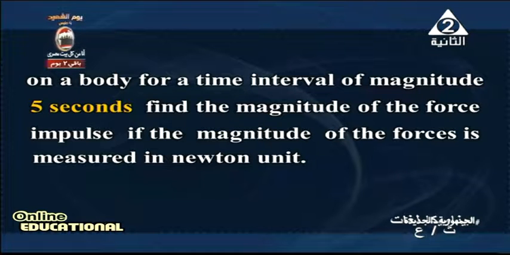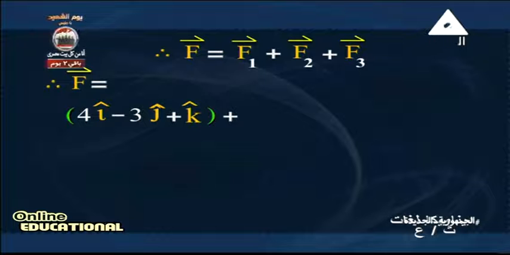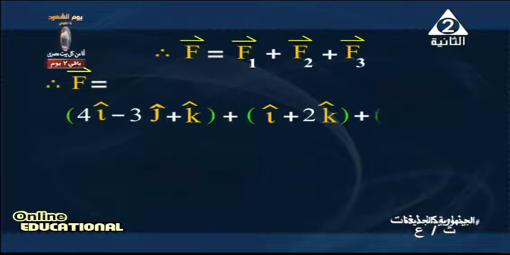Now we have three forces, F1, F2 and F3. Then the vector F equals F1 vector plus F2 vector plus F3 vector. We use the resultant of the three forces, which equals vector F equals 4i minus 3j plus k, F1, plus i plus 2k, F2, plus 4j minus k, F3.